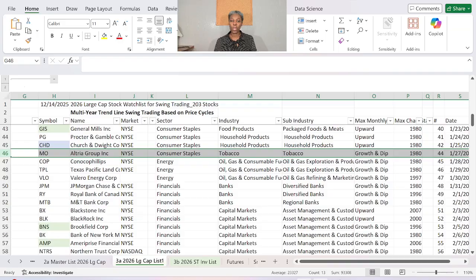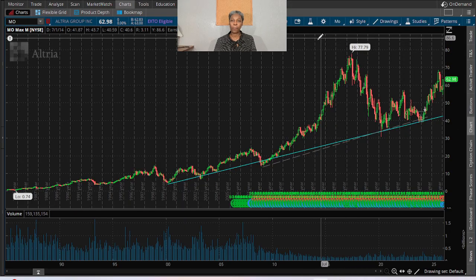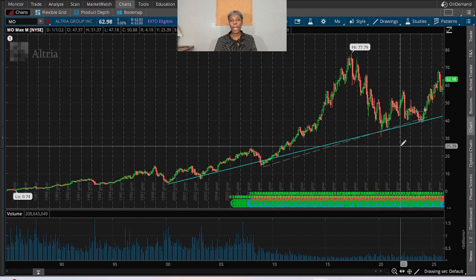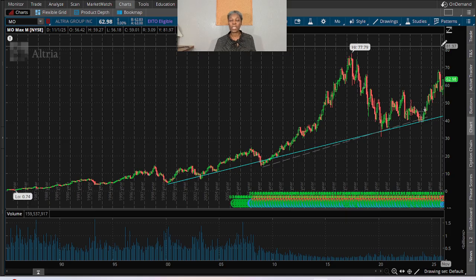So when you look at MAR before, this growth was not this far in the past. So what I like to look for is stocks whose all-time highest is within the previous year.